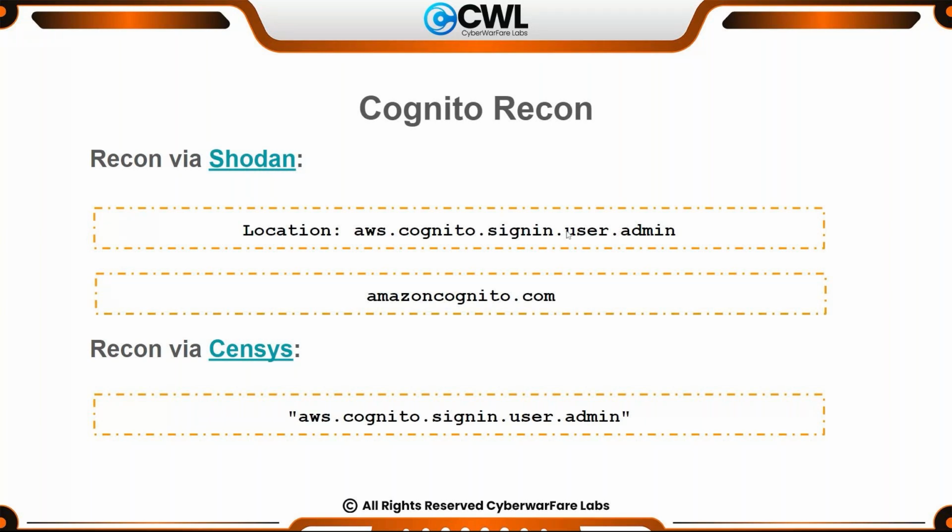This indicates that the query targets hosts that are part of AWS Cognito services hosted on the AWS platform. In the Censys query here, you can see that aws.cognito.signin.user.admin refers to the admin user role within Amazon Cognito, a service provided by AWS for user authentication and authorization.